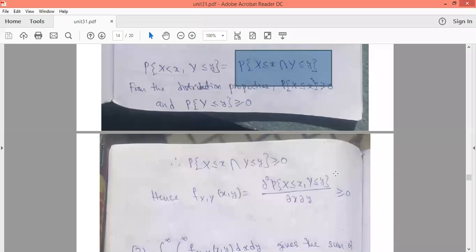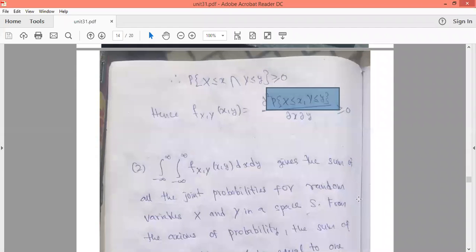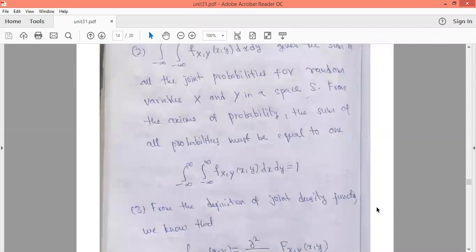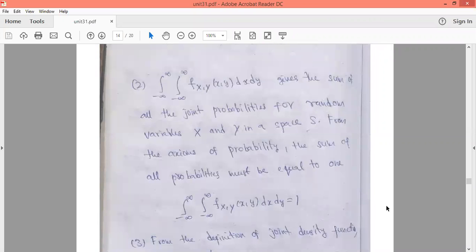So f_XY(x, y) is a non-negative number, because the numerator is non-negative, and the derivative is also non-negative. That is our first property. And the second property says that the total area under the probability density function will be equal to 1.